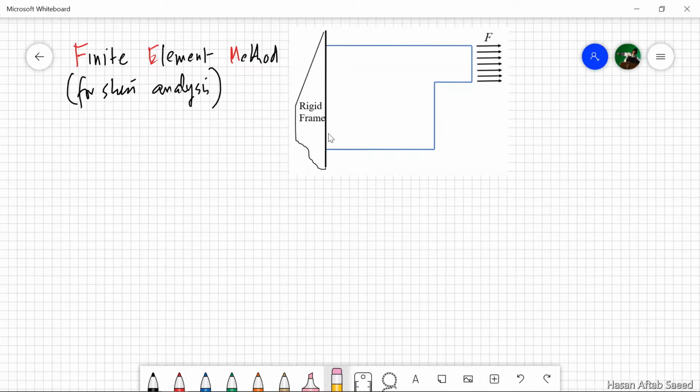frame here. Now, its analytical solution would amount to a distribution of stresses or displacements that satisfies the differential equations throughout the whole plate, as well as the solution must yield boundary conditions here.